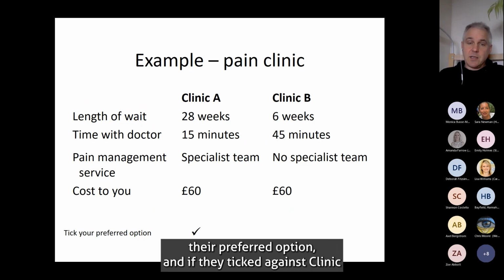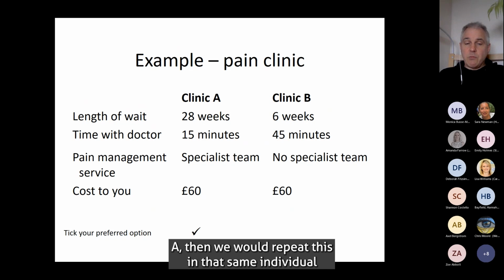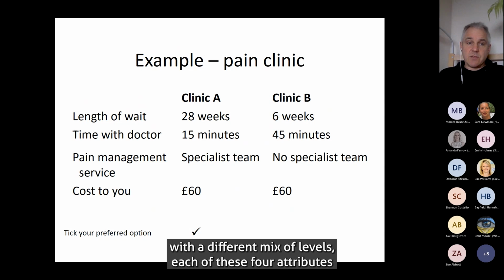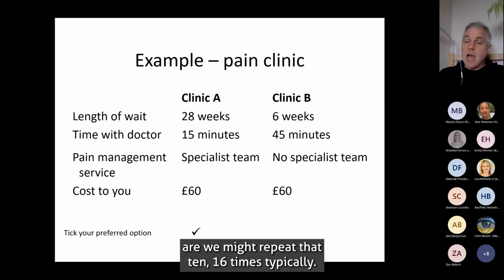And if they ticked against Clinic A, then we would repeat this in that same individual with a different mix of levels for each of these four attributes. And we might repeat that 10, 16 times typically.